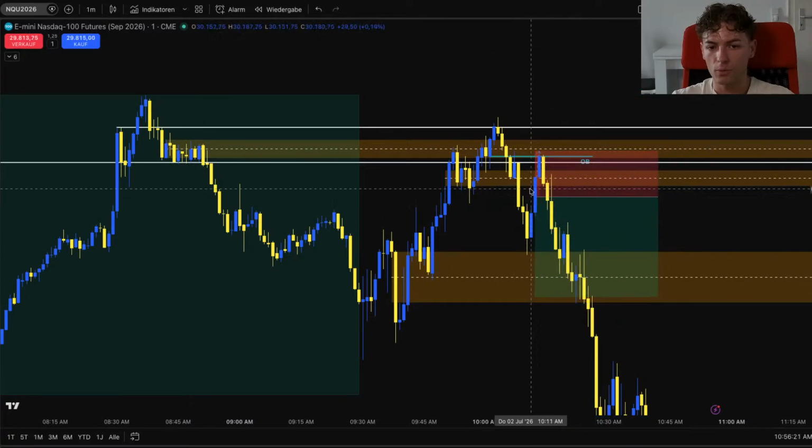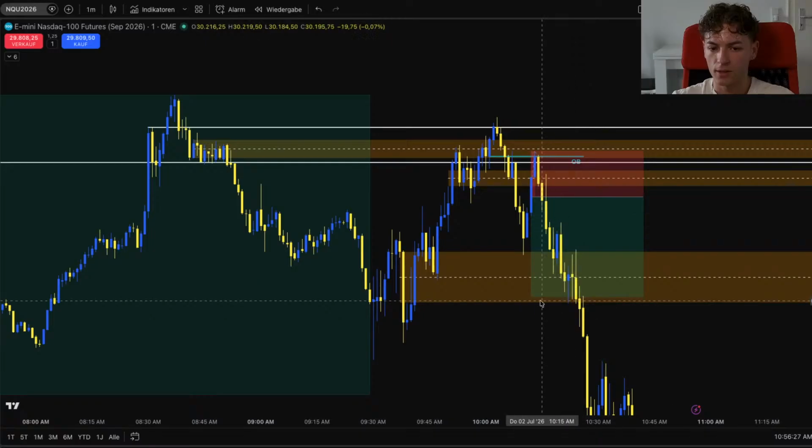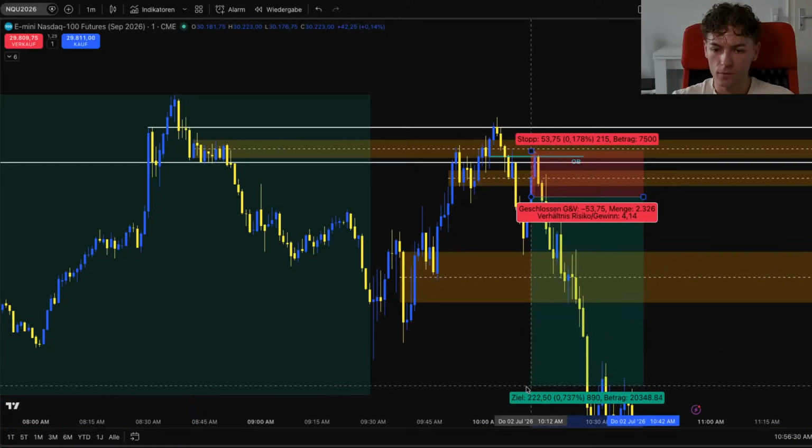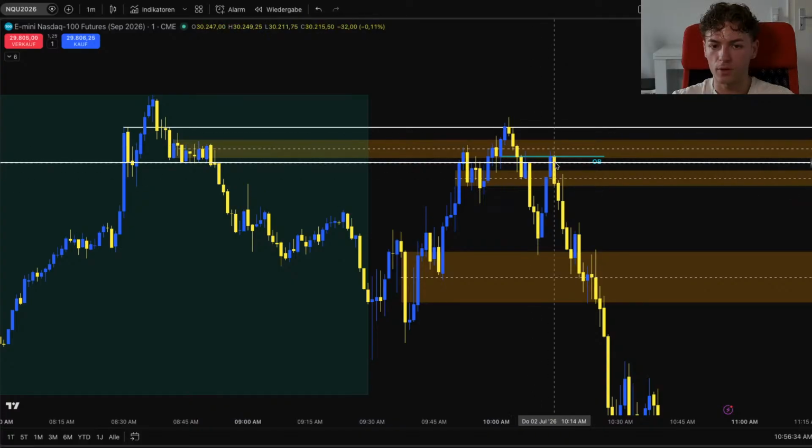And look, we've got stopped out. Hypothetically, if we would have taken this trade, we would have got stopped out in here, okay? So I don't trust these propulsion blocks right now.